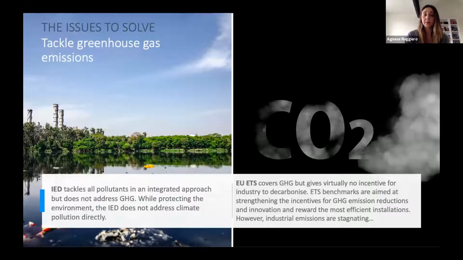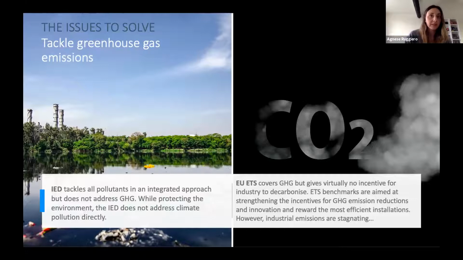It protects the environment, but does not address climate pollution directly. The EU ETS, on the other hand, does cover greenhouse gas emissions, but gives virtually no incentive for industry to actually reduce their emissions. The ETS benchmarks are aimed at strengthening the incentives, but they have not worked so far.